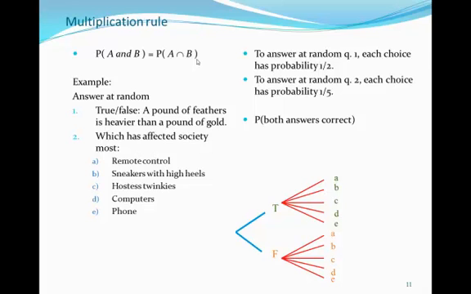Probability of getting the wrong answer will be 4/5. So in order to get the probability of both answers correct, which is the probability of T and D, for question 1 it is true, and for question 2 the answer is D. So the probability of getting a true answer in question 1 is half. Probability of getting D in the second question will be 1/5. So you multiply them and get 1/10.